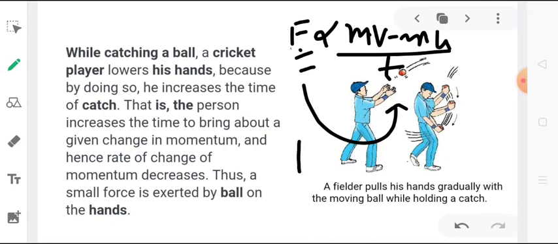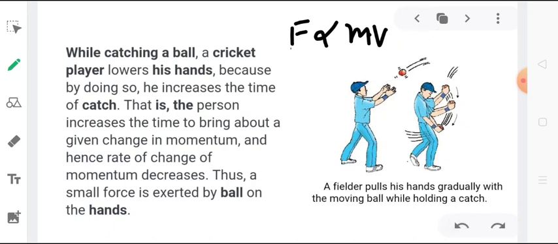So as time increases, force decreases. As less stopping force acts on the player's hand, the possibility of getting hurt reduces. So this is the reason why a player moves his hands backwards while catching a ball.